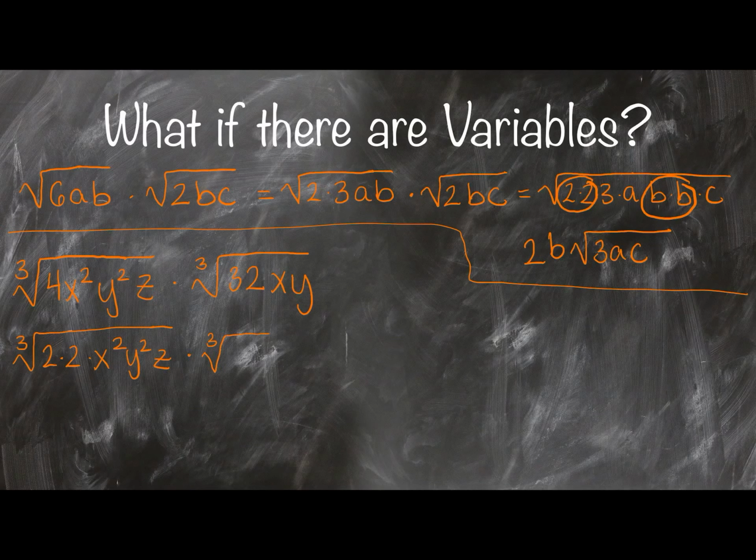And the cube root of, let's see, 32 would be 2 times 2 times 2 times 2 times 2 xy.